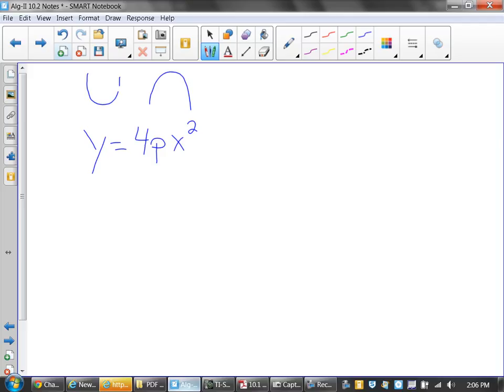Oh, sorry, I wrote this backward again. x squared, excuse me, because that's the parabolas going up and down. So x squared equals 4py. And here's what all of these bits and pieces mean.